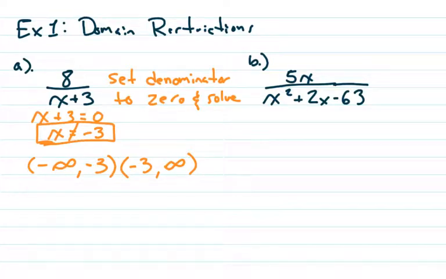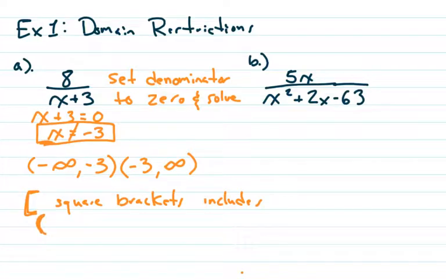So this just excludes negative 3. If you remember, square brackets mean includes, and rounded brackets mean doesn't include, or excludes.